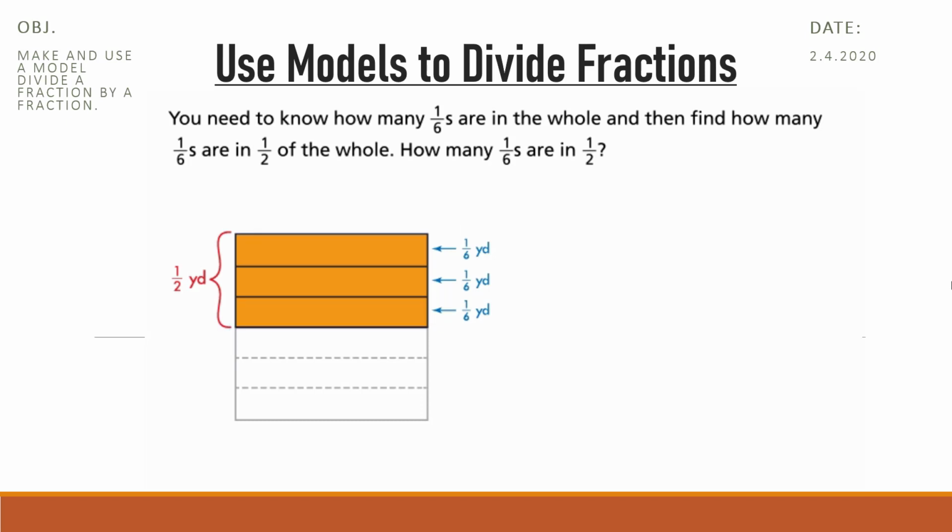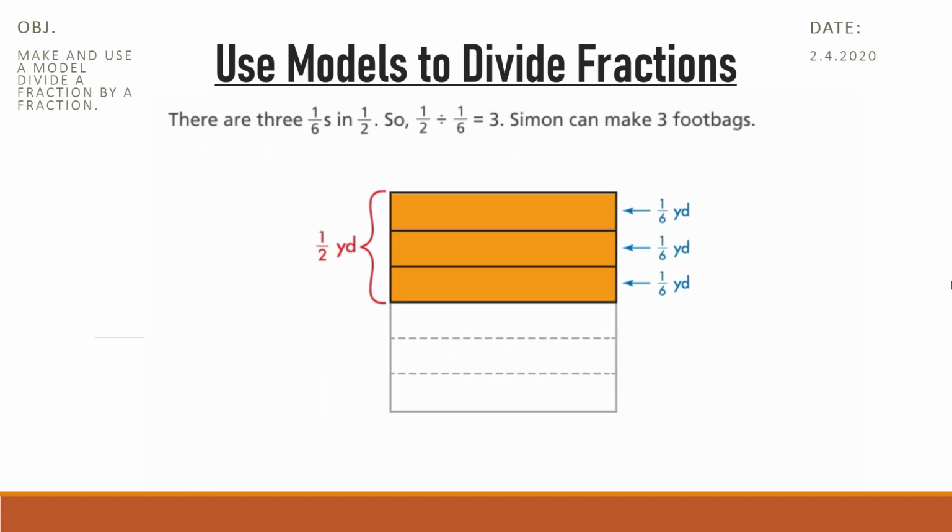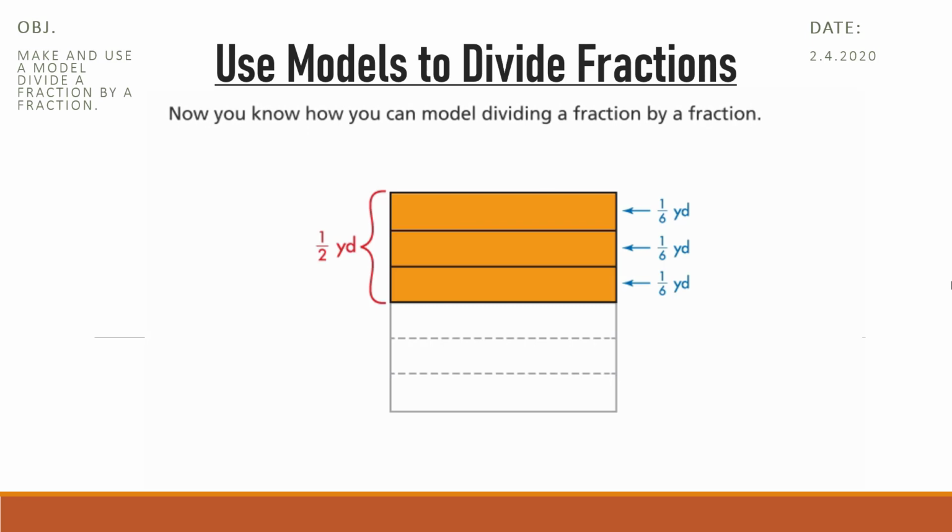How many 1/6 are in 1/2? There are 3 1/6 in 1/2, so 1/2 divided by 1/6 equals 3. Simon can make 3 foot bags. Now you know how you can model dividing a fraction by a fraction.